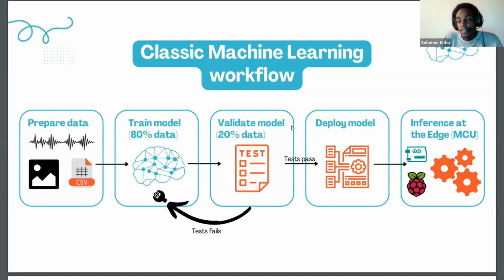We can also deploy our models on computers such as mobile phones, and even personal computers. And this is the workflow that most people are used to. And even this is the workflow that I've been doing for a long period of time.